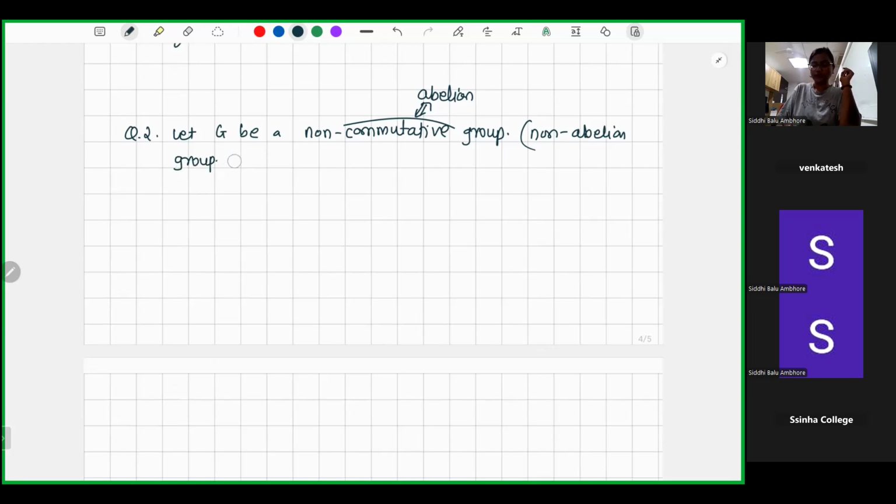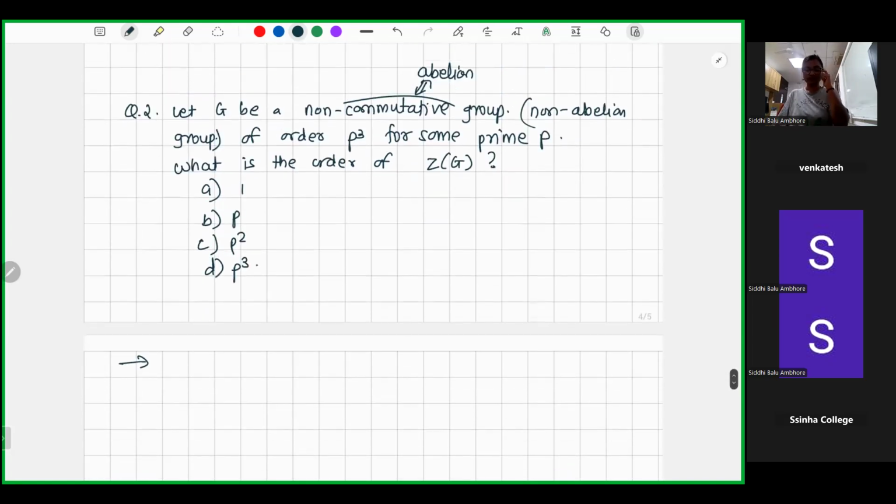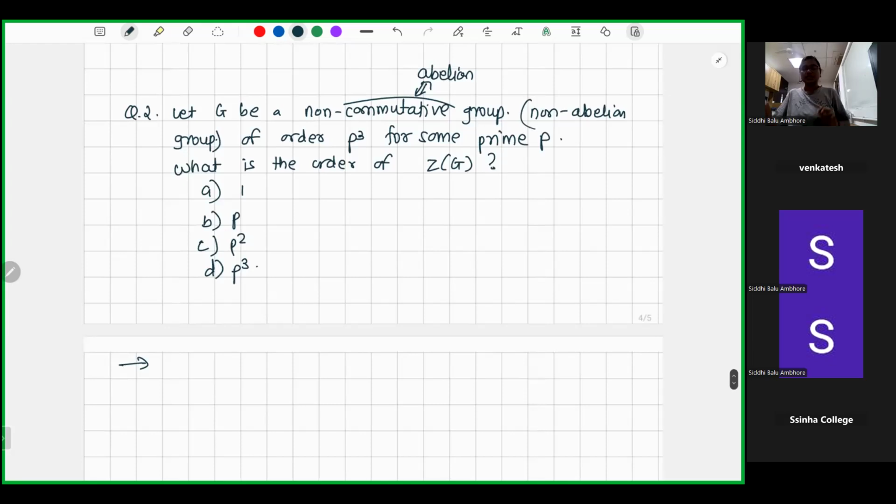And a non-abelian group of order PQ for some prime P. Now they're asking what is the order of ZG, and these are the options.